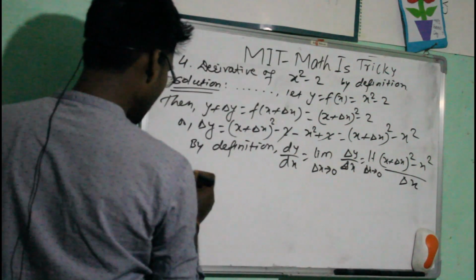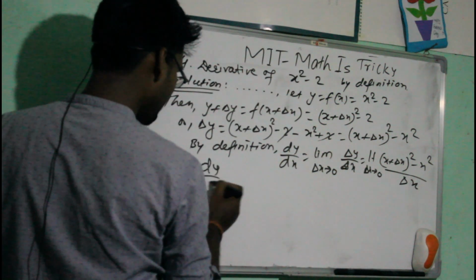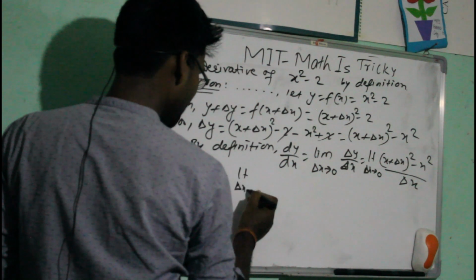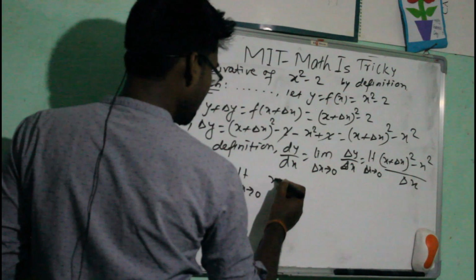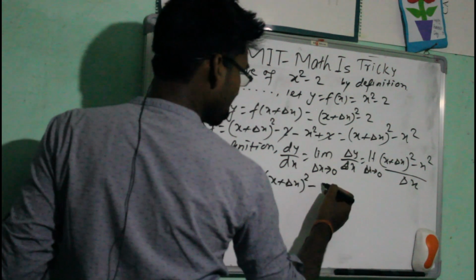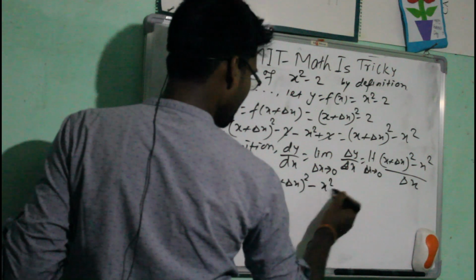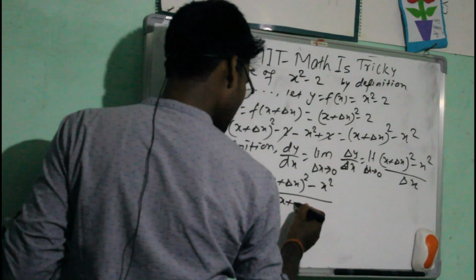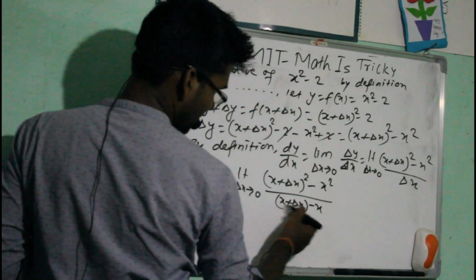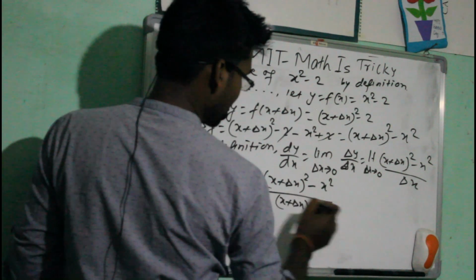Now it can be written as limit delta x tends to 0, x plus delta x whole square minus x square by x plus delta x minus x. So x and x will be cancelled, we get delta x, there is no change.